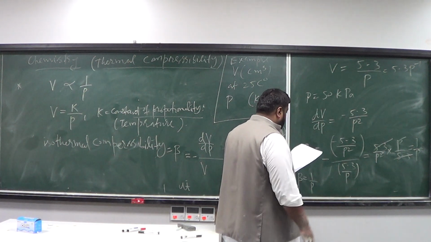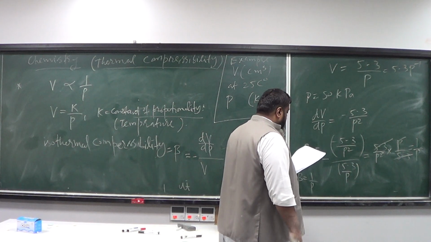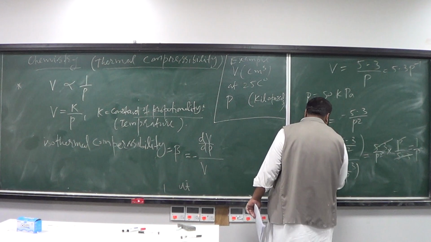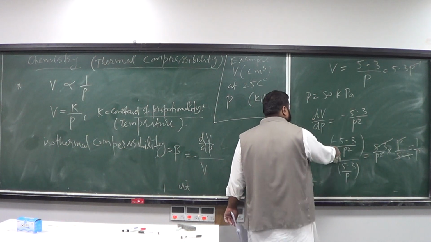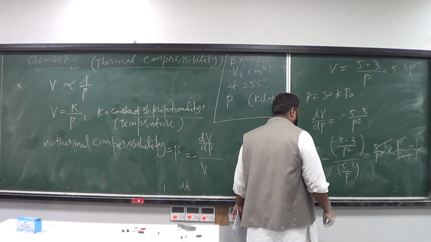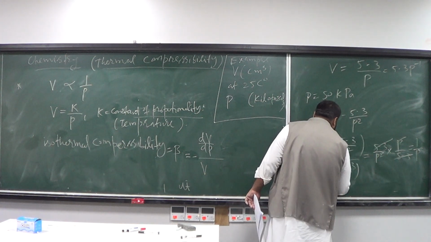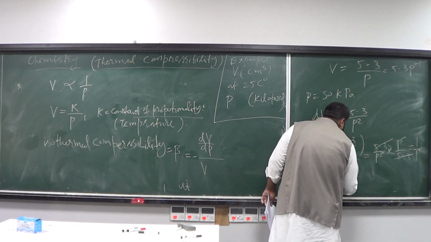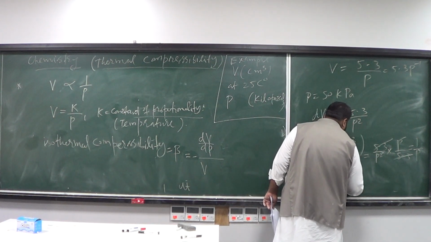You just substitute the value. If you wish, you can substitute P equal to 50 here, so it's going to be 1 over 50, which is 0.002.